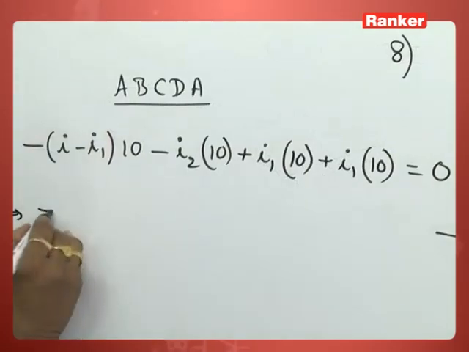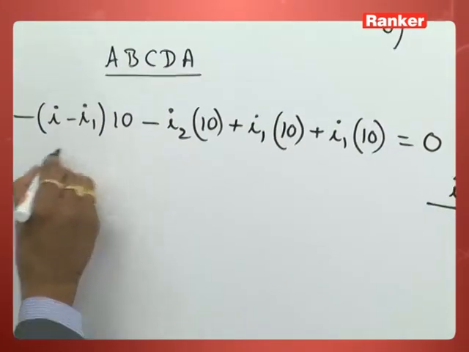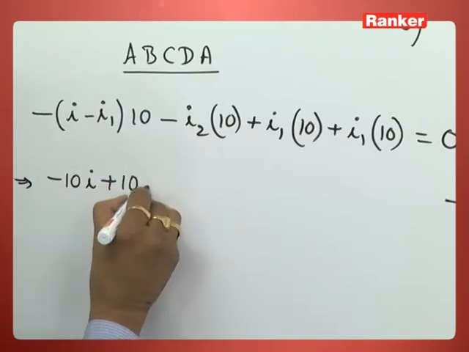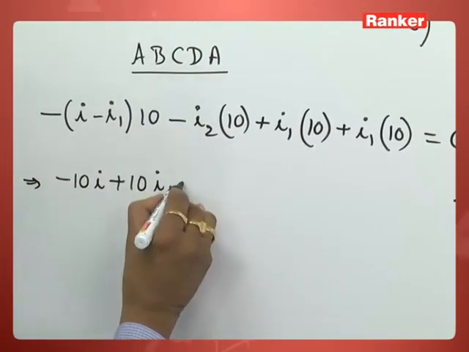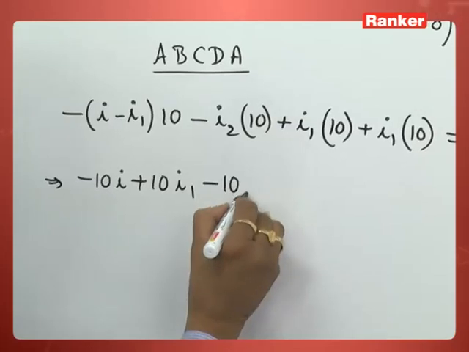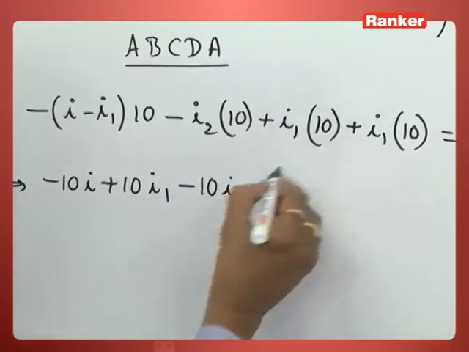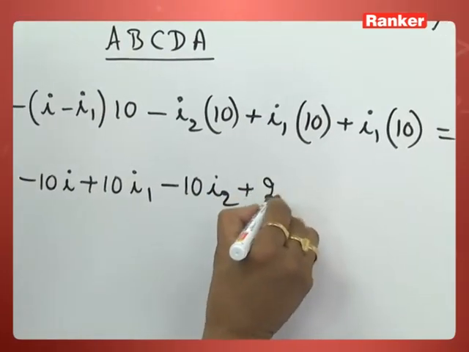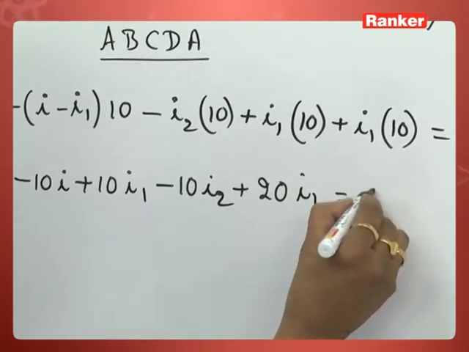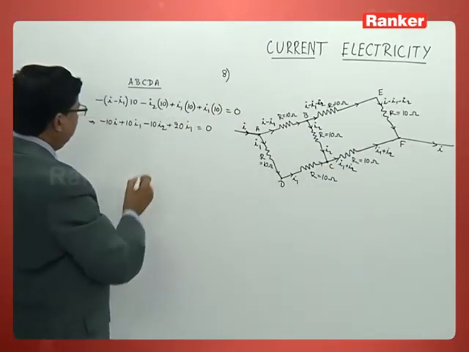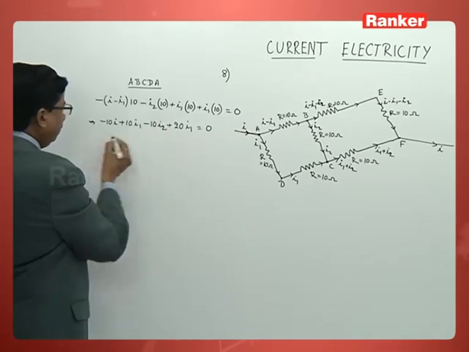This implies minus 10I plus 10I1 minus 10I2 plus 20I1 is equal to 0. Now 20 plus 10, 30.